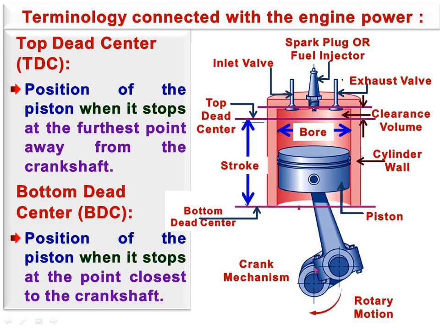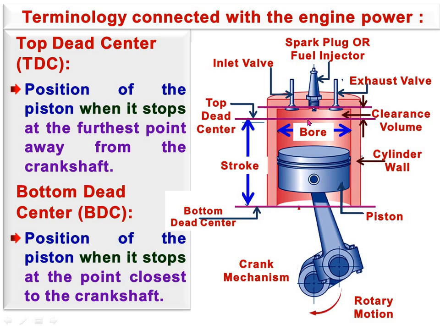Means this is the crankshaft. The piston stops farthest from the crankshaft, means this is the line called the top dead center, where the piston ultimately stops, and after that it goes downward. So this is the top dead center, the position of the piston in the cylinder farthest from the crankshaft.